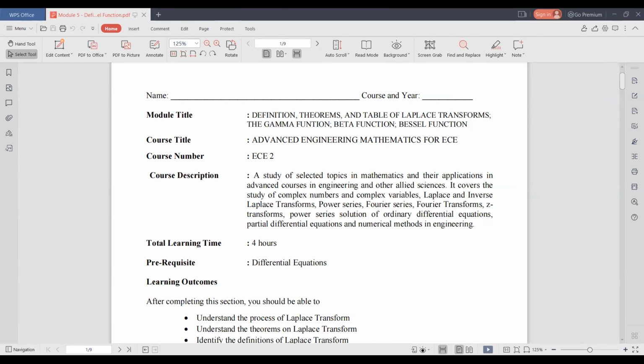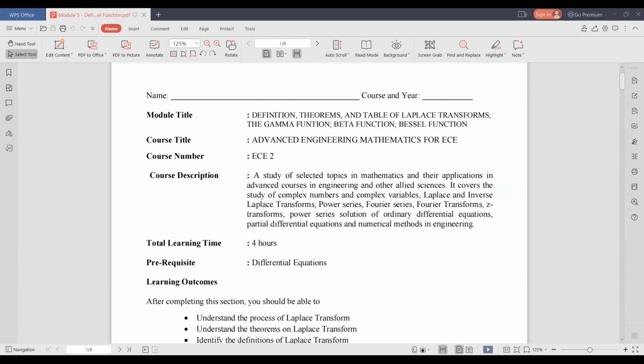because Laplace transform is mostly used sa signals natin. It is used in signals commonly found in electric circuits. Then we have also the inverse Laplace. So it is a sort of calculus and integral calculus.